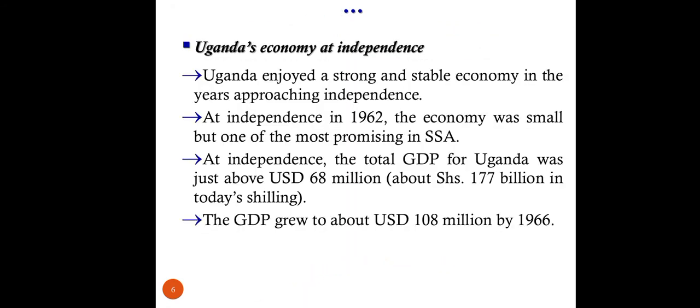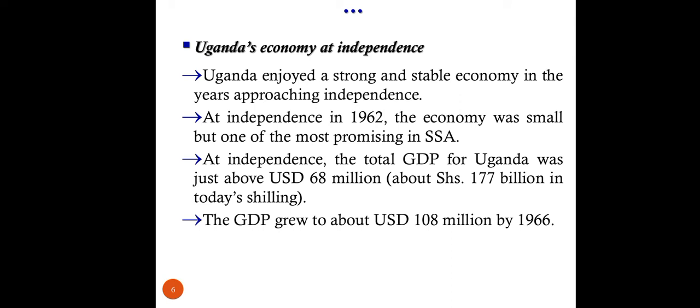Uganda's economy at independence. Uganda enjoyed a strong and stable economy in the years approaching independence. At independence in 1962, the economy was small, but one of the most promising in Sub-Saharan Africa, SSA.